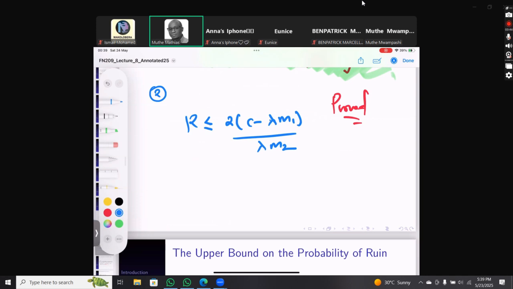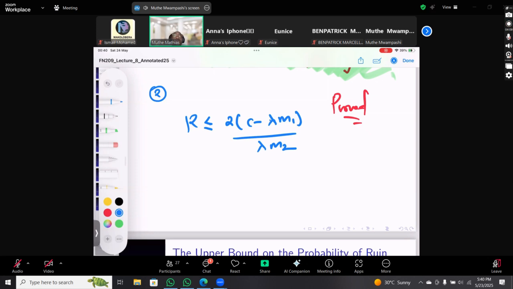To arrive at that second inequality, we actually have to define the premium, right? Sorry, what have I done with my camera? One second. I don't know what I've done here. Something strange here.